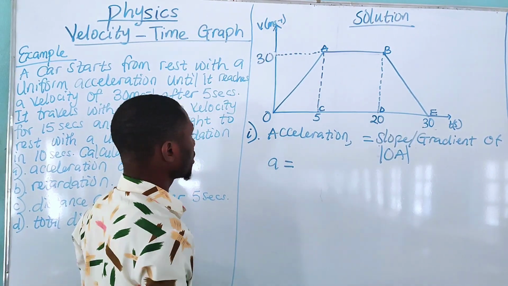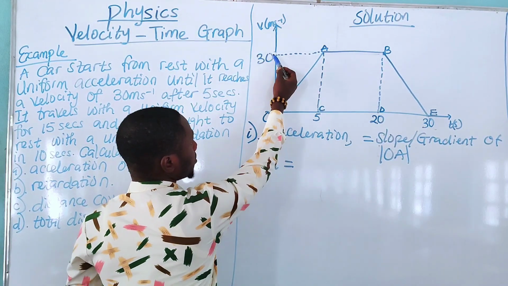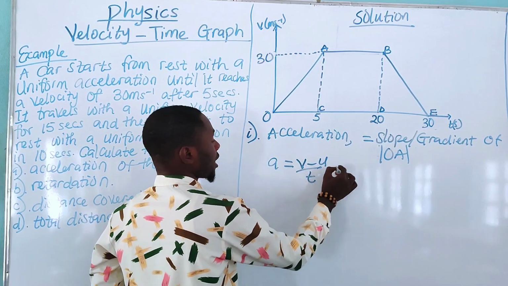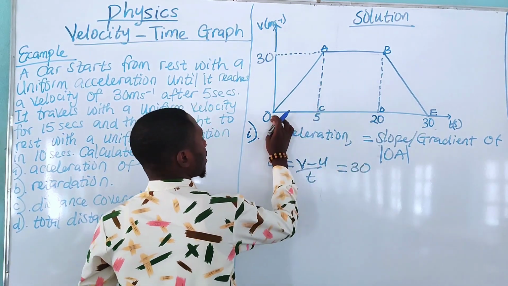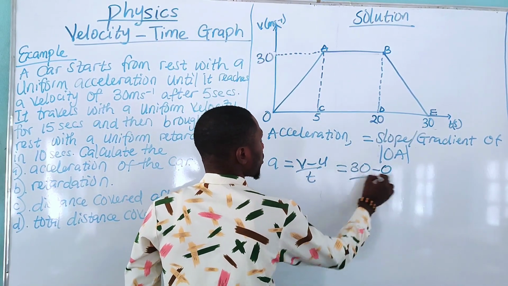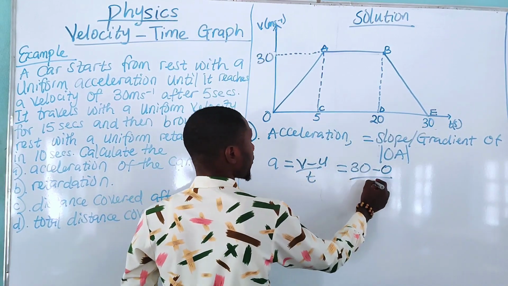Okay, so the acceleration is going to become the gradient of this line OA, which is the change in velocity with respect to time, which is v minus u over time. And the final velocity here is what? It is 30. Initial velocity is what? It is 0. The body started from 0. So minus 0 over the time interval, which is 5 minus 0, or just 5.